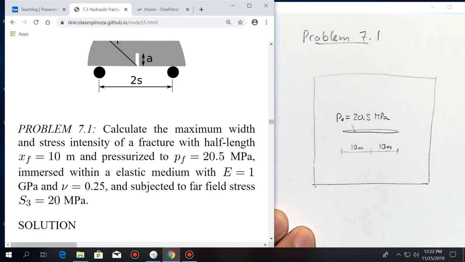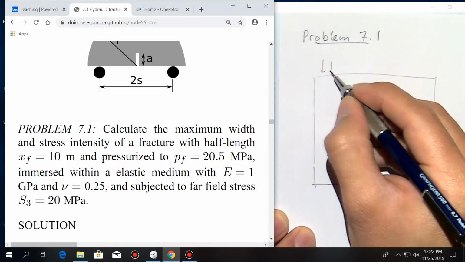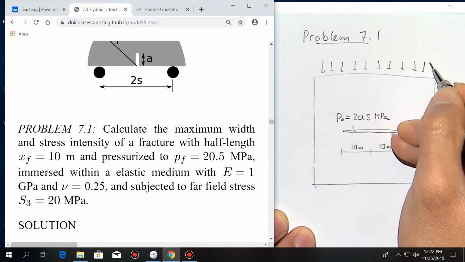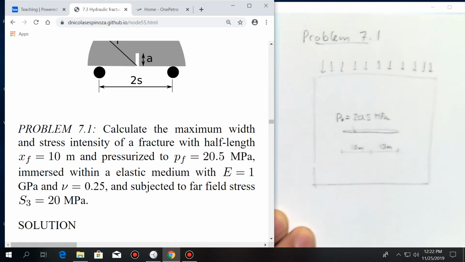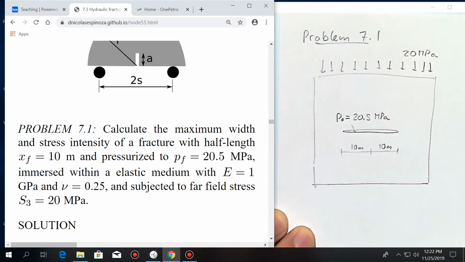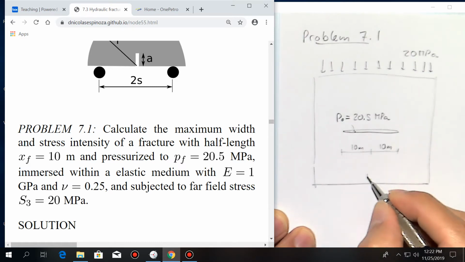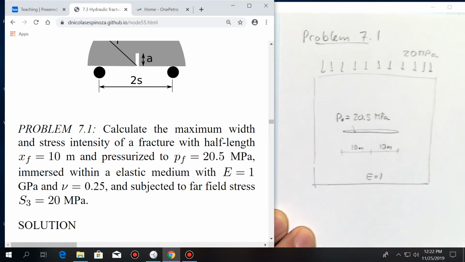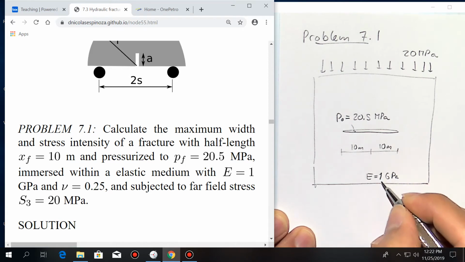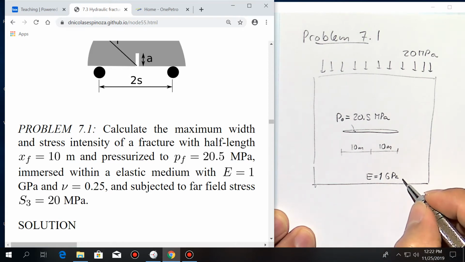And in the far field, the minimum total stress is 20 MPa. And we have the properties of the rock. It's relatively a soft rock, 1 gigapascal of Young modulus and Poisson ratio of 0.25.